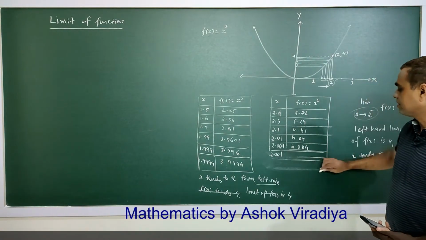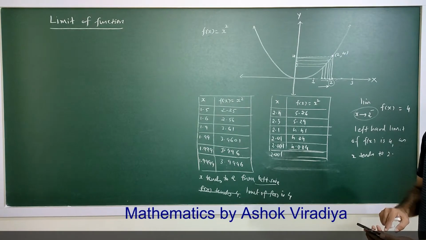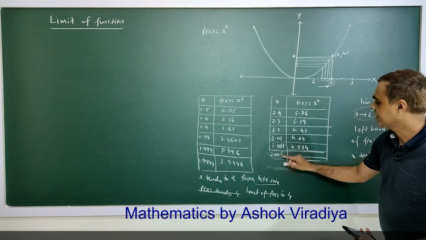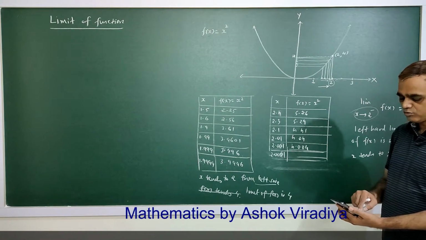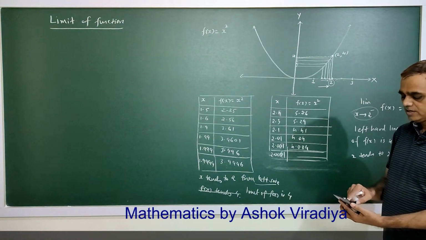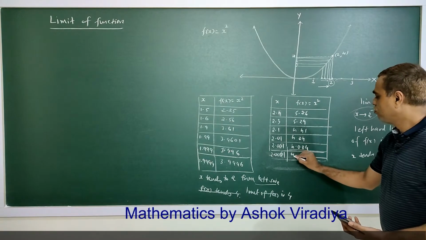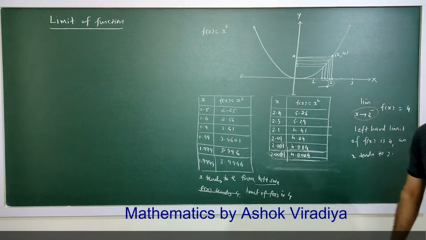Now taking 2.0001, 2.0001 into 2.0001, that is equal to 4.0004. So look here, what is happening?